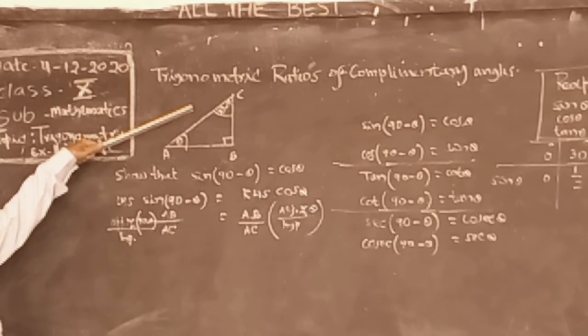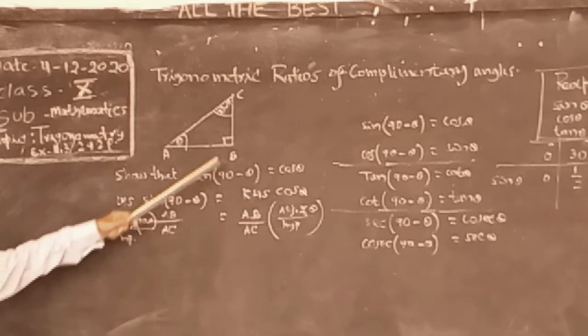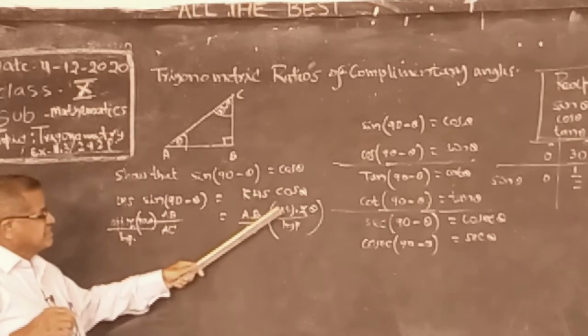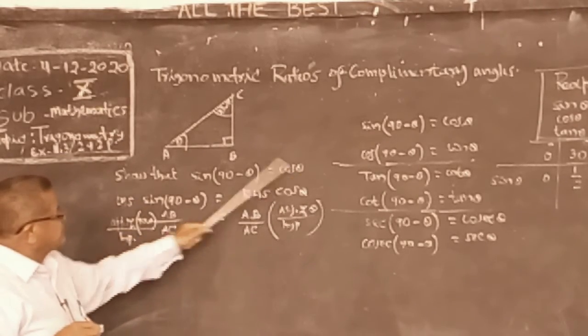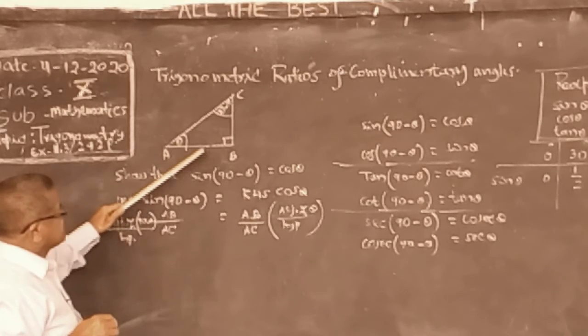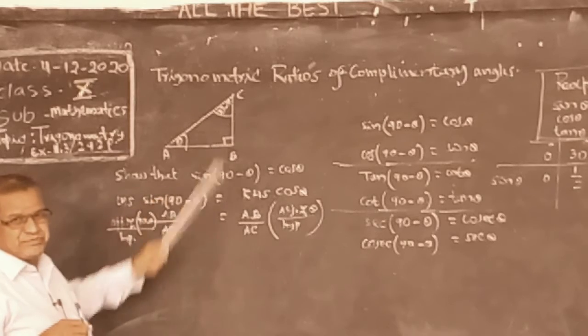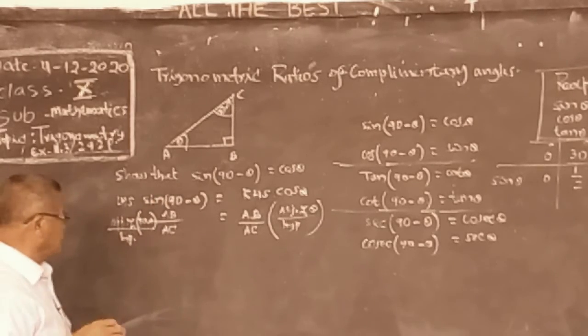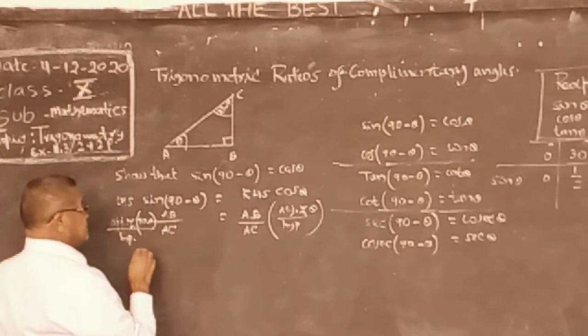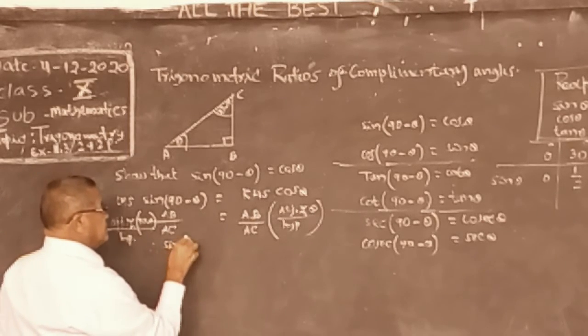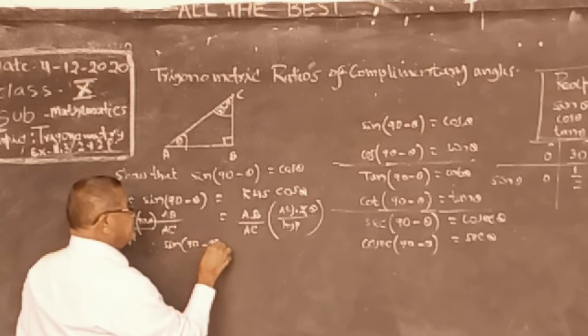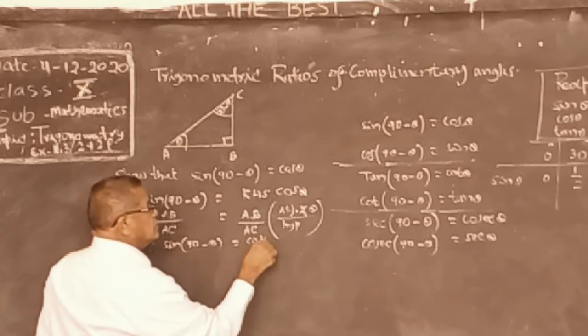Hypotenuse is AC. Coming to RHS, cos theta means theta, this angle. Adjacent side by hypotenuse. This is opposite side BC. So like that. Therefore, LHS is equal to RHS. Therefore, sin 90 minus theta is equal to cos theta.